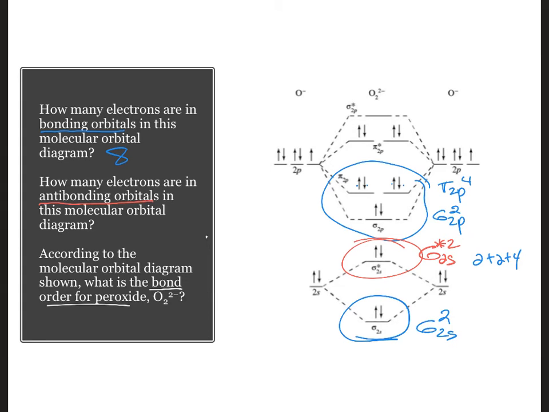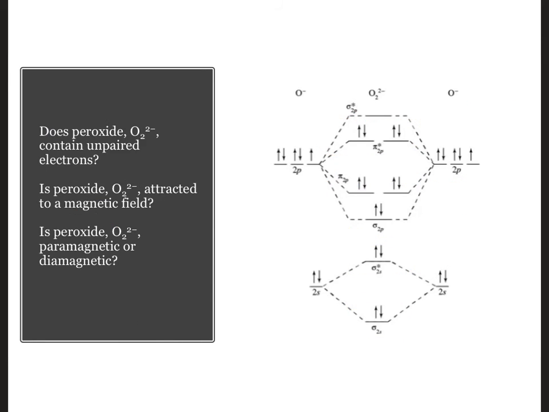And then we've got more up here, so our pi star 2p has 1, 2, 3, 4 electrons. So 2 plus 4 gives us a total of 6. This will allow us to calculate the bond order, which is 1/2 (8 minus 6), giving us a bond order of 1. So keep that in mind. O2 2- has a bond order of 1.